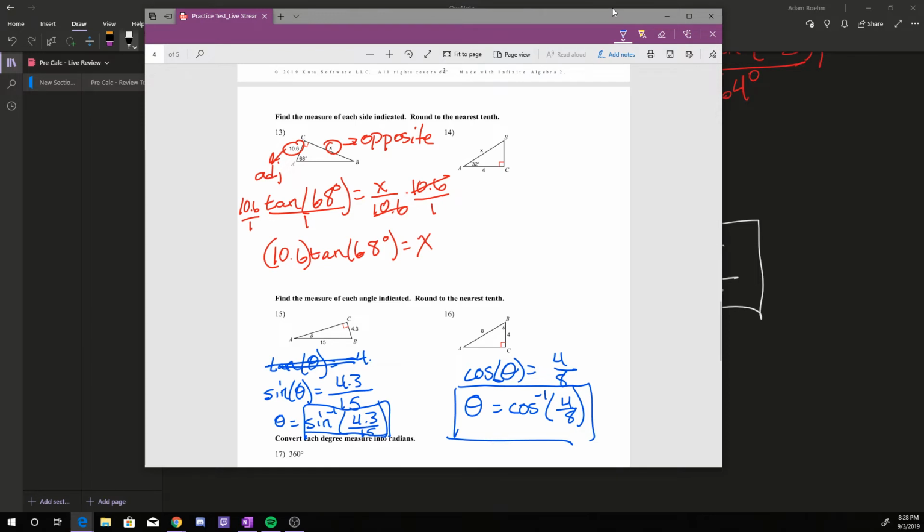For number 14, kind of the same thing, except you're given the hypotenuse and the adjacent side. So hypotenuse adjacent, that's cosine. So cosine of 32 degrees is equal to 4 over x.